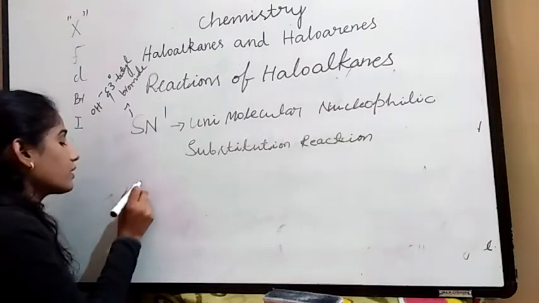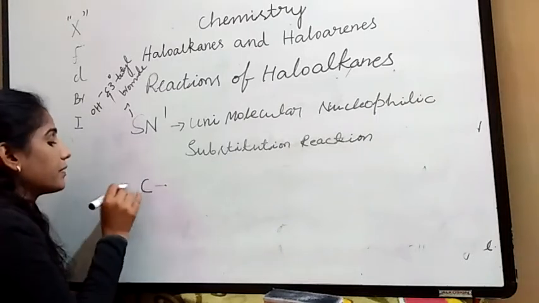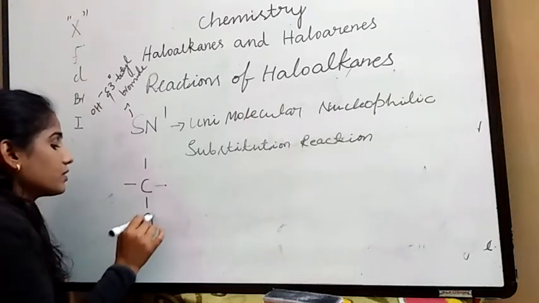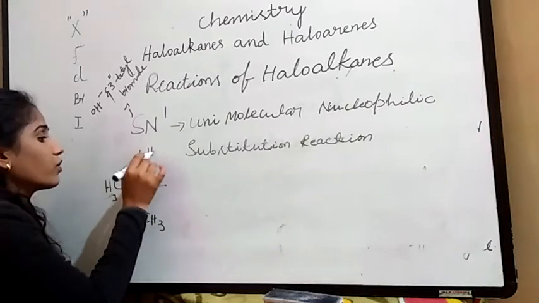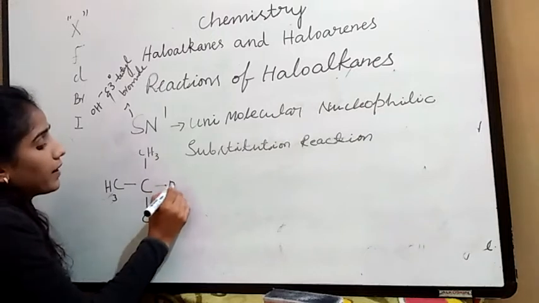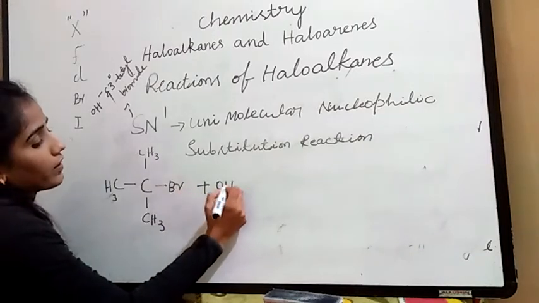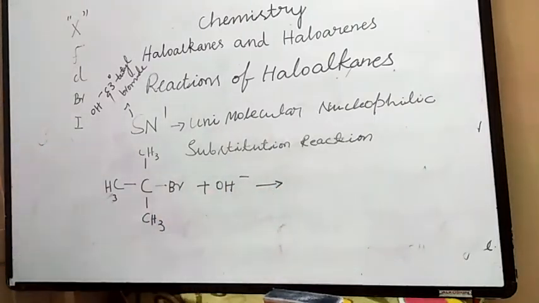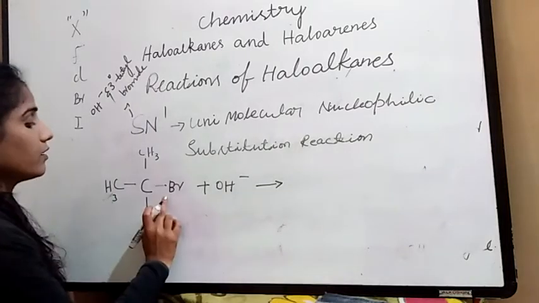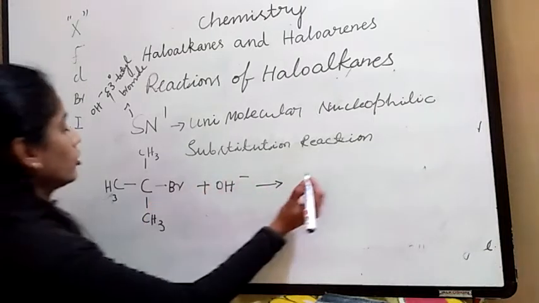See, tertiary butyl alkyl halide. Tertiary butyl means 4 carbon atoms: 1, 2, 3, 4. This is tertiary butyl bromide. The nucleophile they have given is OH minus. So the tertiary butyl bromide reacts with OH minus. We will get an alcohol with departure of bromide ion.